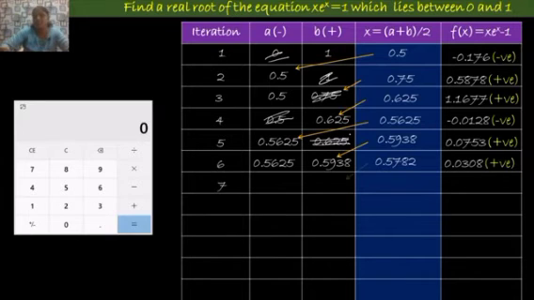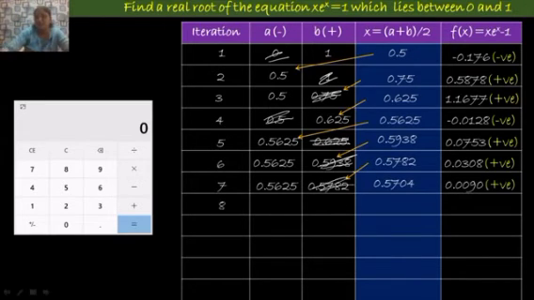In the next iteration you replace b by 0.5782, and add and divide by 2 to get 0.5704. At this point you get a positive value. In the next iteration you replace b by 0.5704, add and divide by 2 and you get 0.5665.